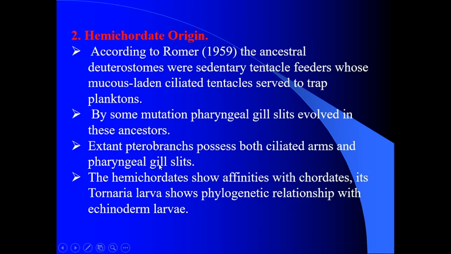These extend in pterobranchs, and they are used for feeding purposes. The hemichordates show affinities with the chordates. For example, Tornaria larva has some phylogenetic relationship with the echinoderm larva. This is the second theory, the hemichordate origin.